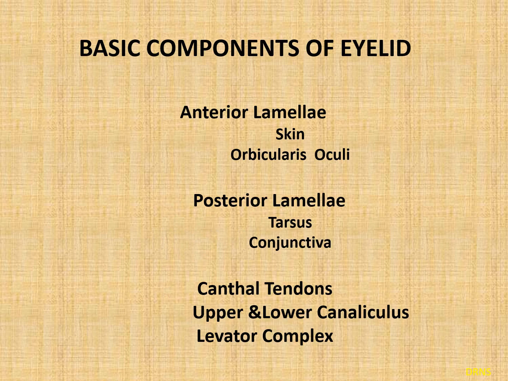Basic components of the eyelid: anterior lamella, skin and orbicularis oculi. Posterior lamella consists of tarsus and conjunctiva. Canthal tendons, upper and lower canaliculus, levator complex.